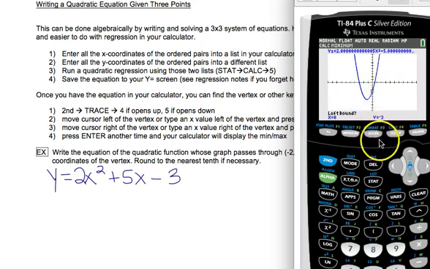So this whole left-bound, right-bound thing is the same thing we did when we were finding the x-intercepts. So that just means that your calculator wants you to tell it an x value that is to the left of this vertex. So if I had to eyeball this, it looks like this vertex is maybe at about -1.5 on the x.